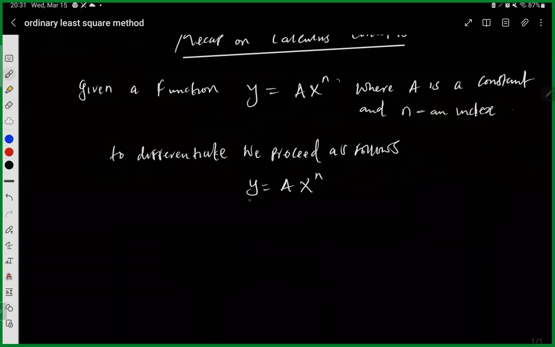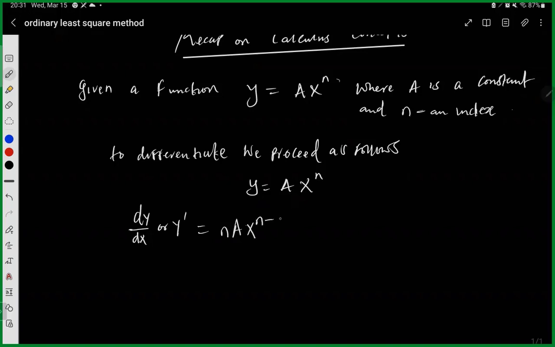For the notation, we can have dy/dx, meaning we're differentiating y with respect to x, or simply y prime. So this will be equal to n times a x^n, then less the power by 1.